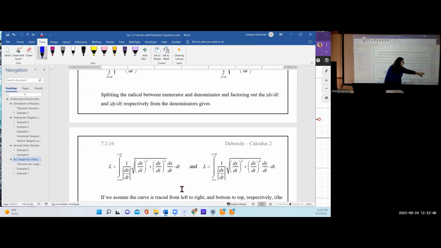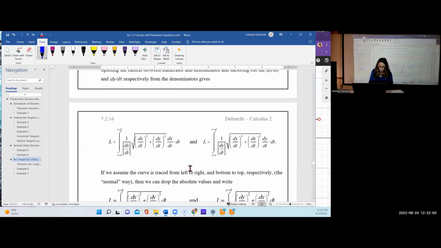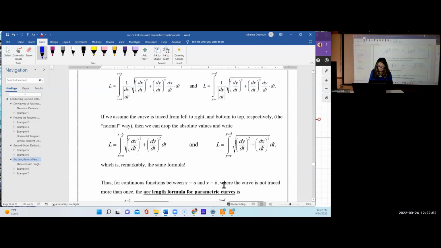They're going to cancel, and that's going to give us something in terms of dt. Now we are assuming that it's traced from left to right and bottom to top, which means that those absolute values can be dropped and they cancel the other differential. And we're left with this formula here and this formula here, which amazingly are the same formula, right?